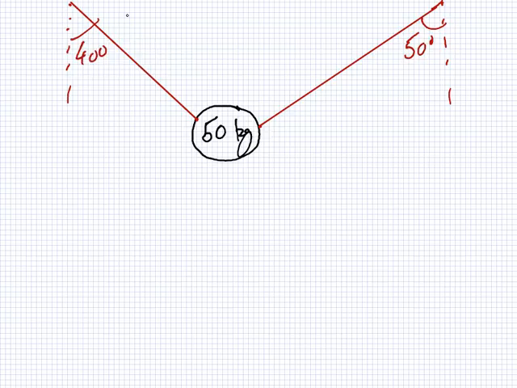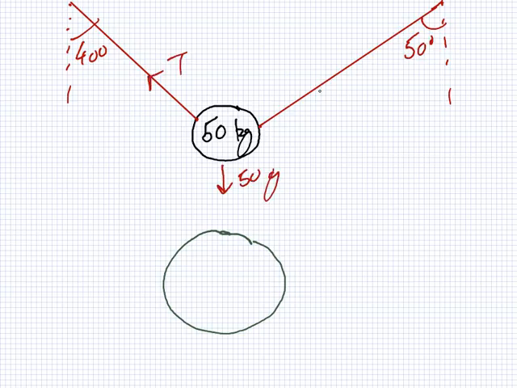Right. So, if you were to zoom in here on the ball, you know that you have your weight, of course, which is 50G. You have a tension and you have a tension. Now you know that these three forces must meet. Where will they all meet? In the middle here.